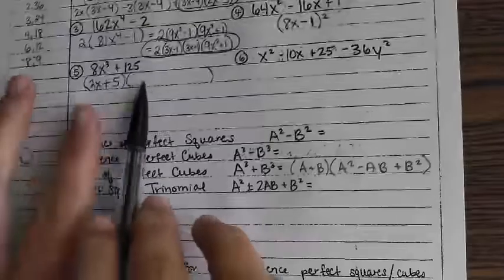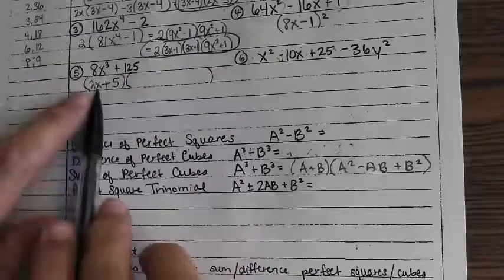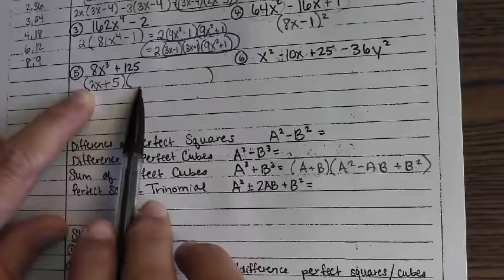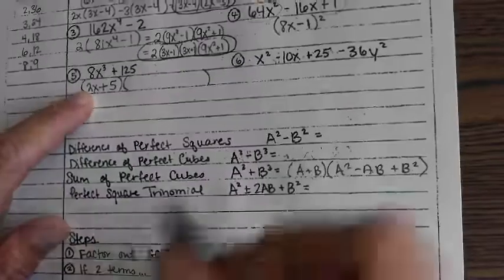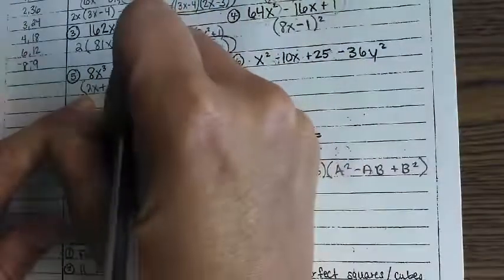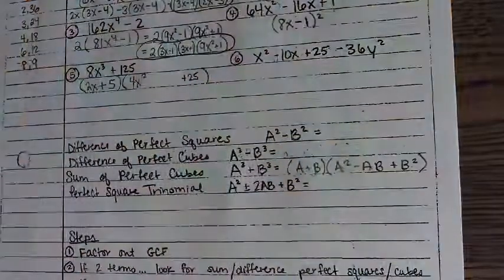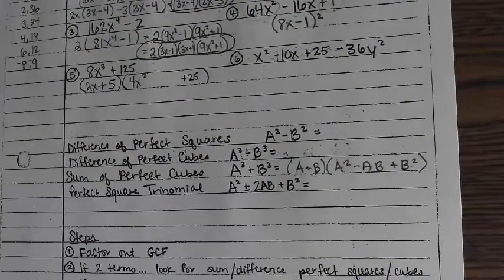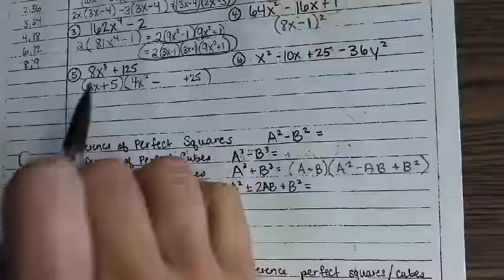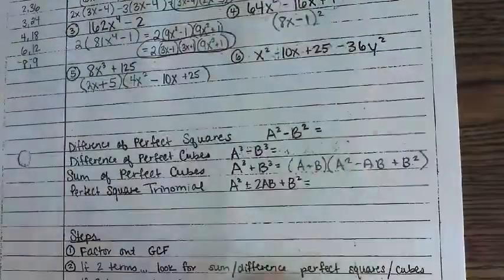And then here's where, and this is the way I remember it, I square this one to give me the first term there. Julia, what's 2x when you square it? 4x squared. Very good. And then I square this 5 for the last term. That one's a little bit easier, 25. And then my middle sign is the opposite, and I just multiply 2x times 5. I get 10x, and that's my middle term.